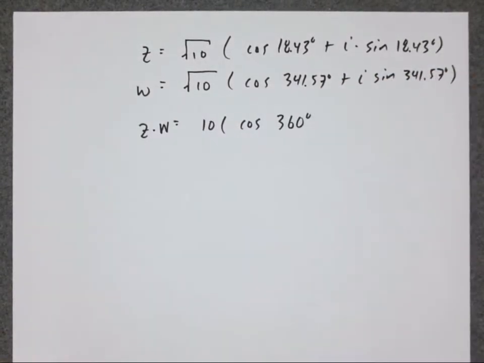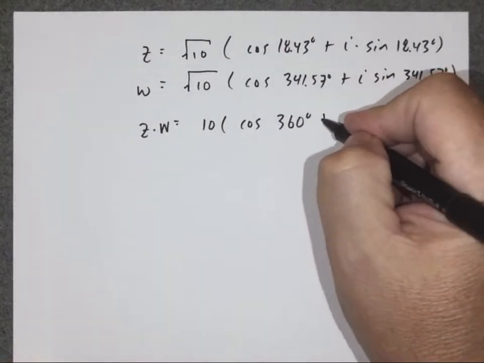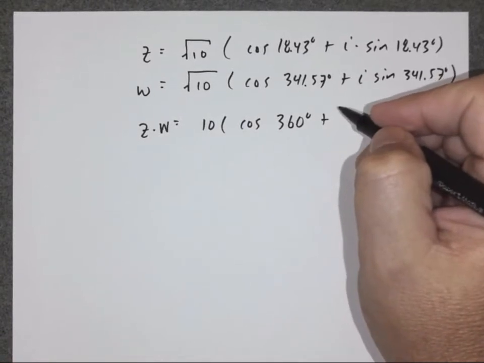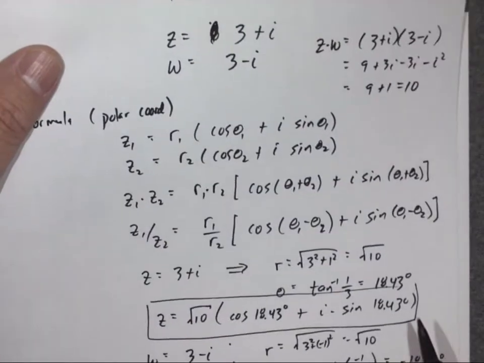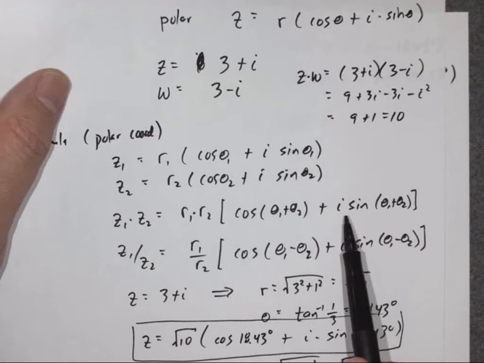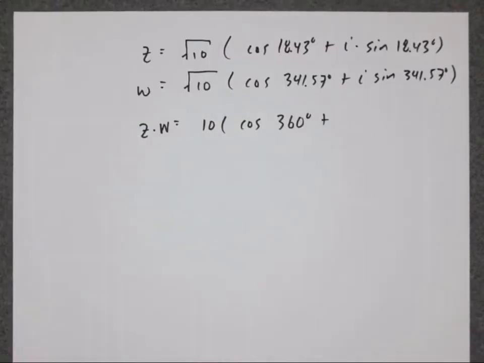So 18.43 plus 341.57 is 360 degrees, and then it's i sine, and you add the two angles.